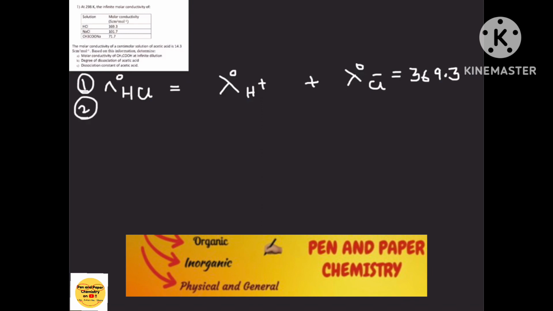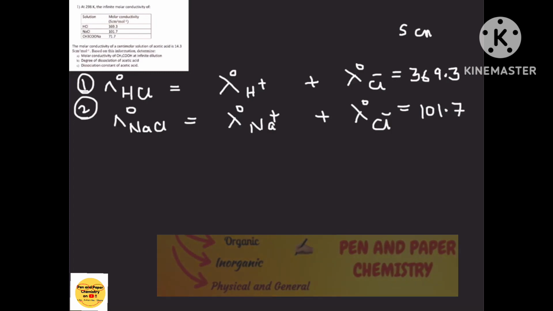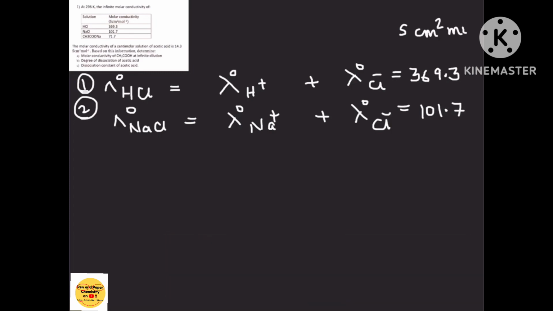Okay, go ahead. Now second one, can you split the second value as well? The molar conductivity of NaCl is provided to you. This is equal to the ionic conductivity of sodium plus the ionic conductivity of chloride. We are not going to multiply it by any coefficient because it's just 101.7 is the value. And mind you, all of these are in Siemens centimeter square per mole, but I am not writing the unit in front of it.